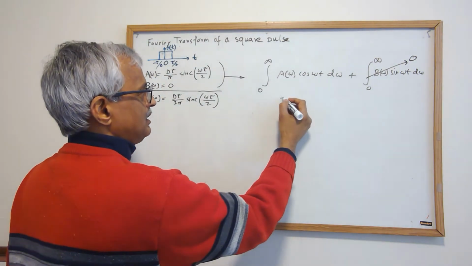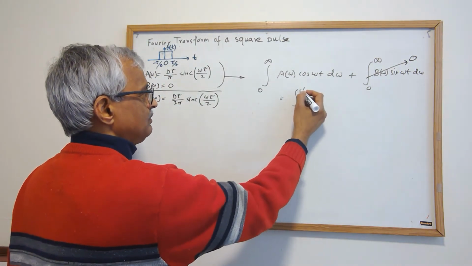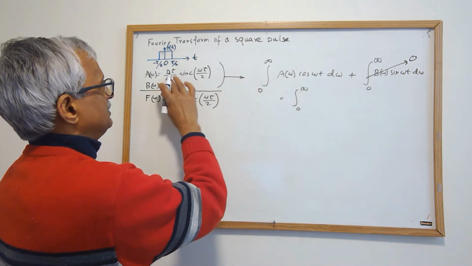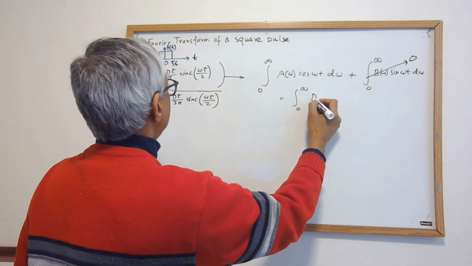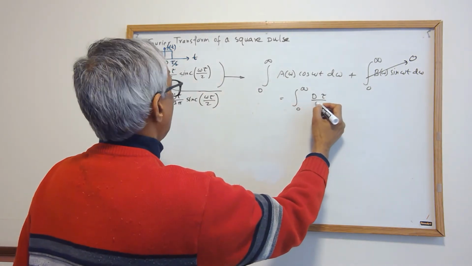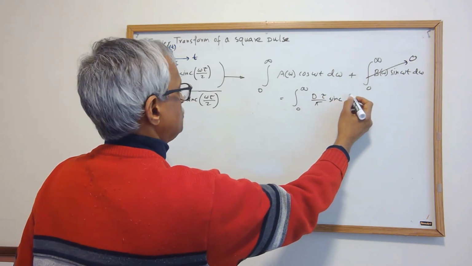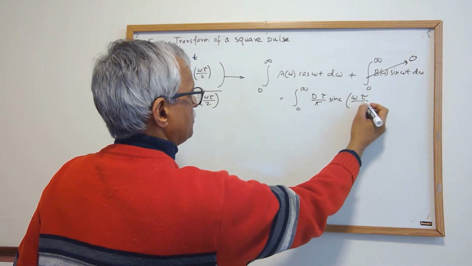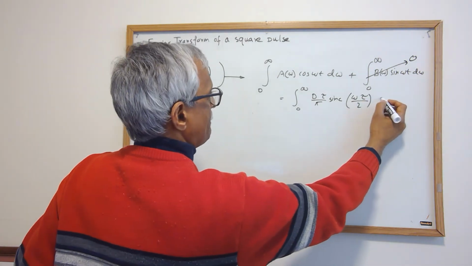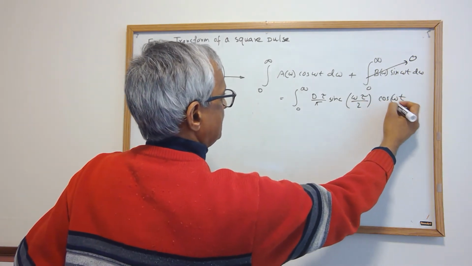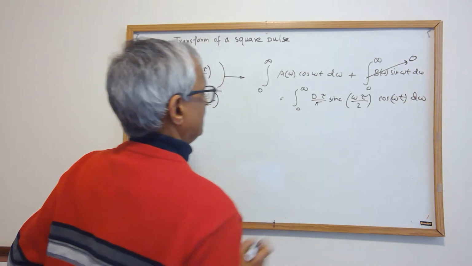So what I get here is an integral from 0 to infinity of this function, d tau over pi, sinh omega tau over 2, cosine omega t d omega.